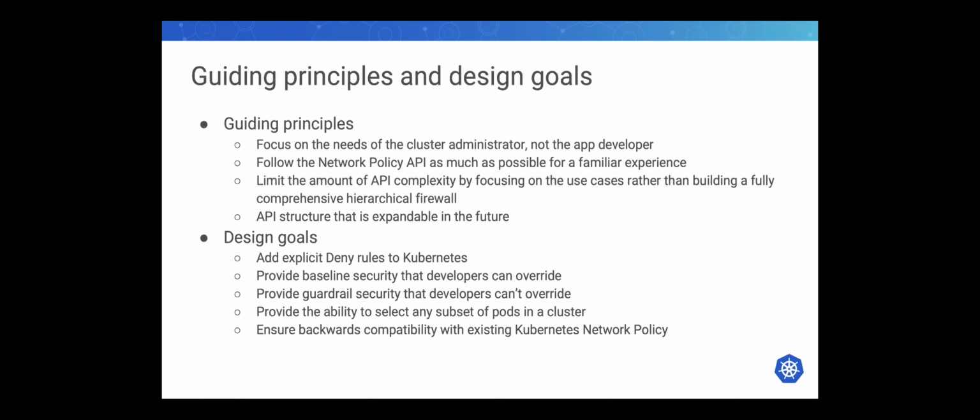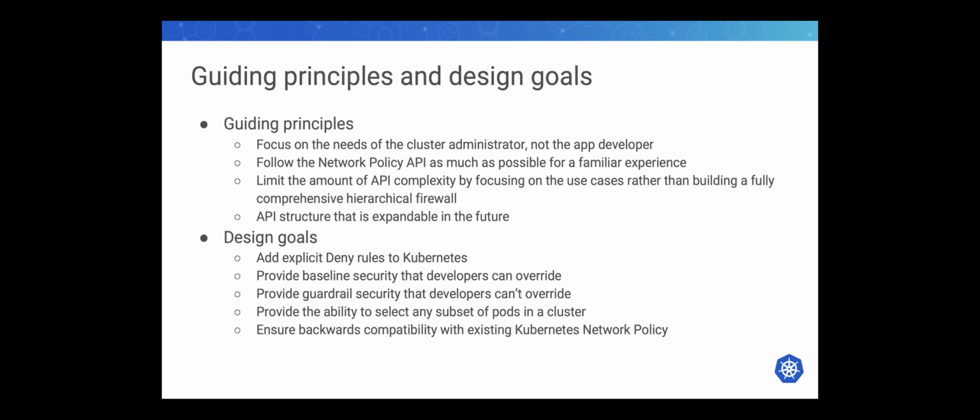That doesn't mean that the app developer's requests or features that are necessary for a developer are ignored. This particular group, the network policy subgroup, does look at all those use cases, and anything that is developer focused, we can try to evolve the existing Kubernetes network policy resource for those use cases. But for the cluster scope policies, we are going to focus on the needs of an administrator.